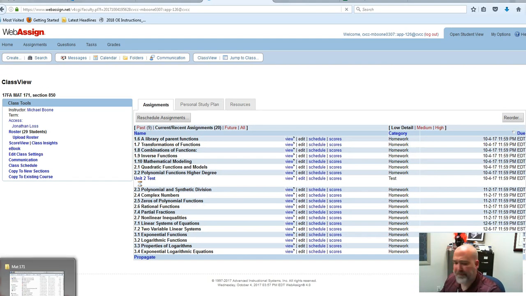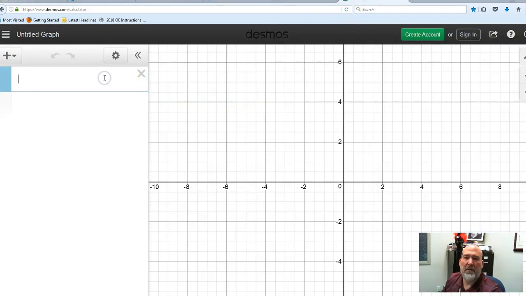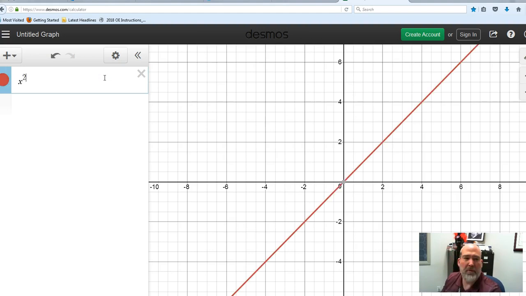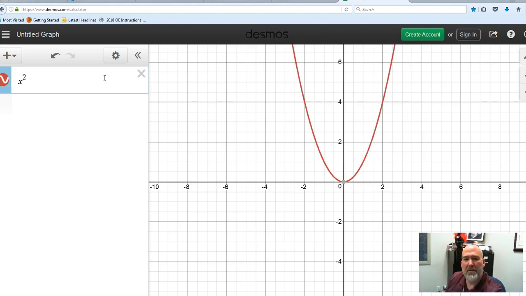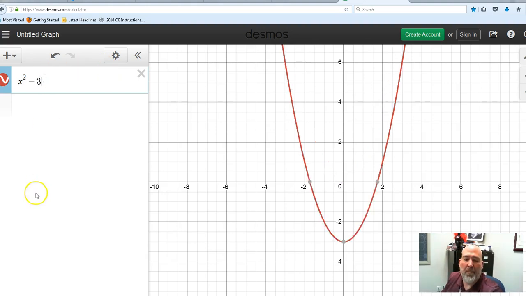And the most recent section, we have these parent functions, which again, you can use Desmos to help work some things out when you're thinking about transformations of these functions. If something is dropped 3, so I just have a transformation. It was a shift.